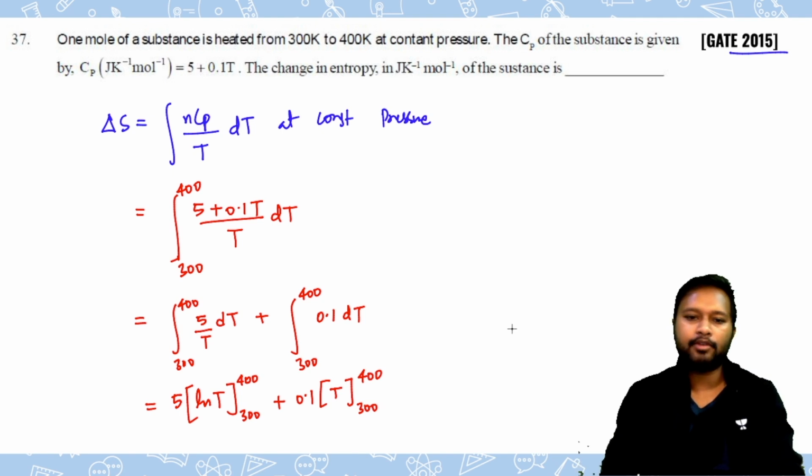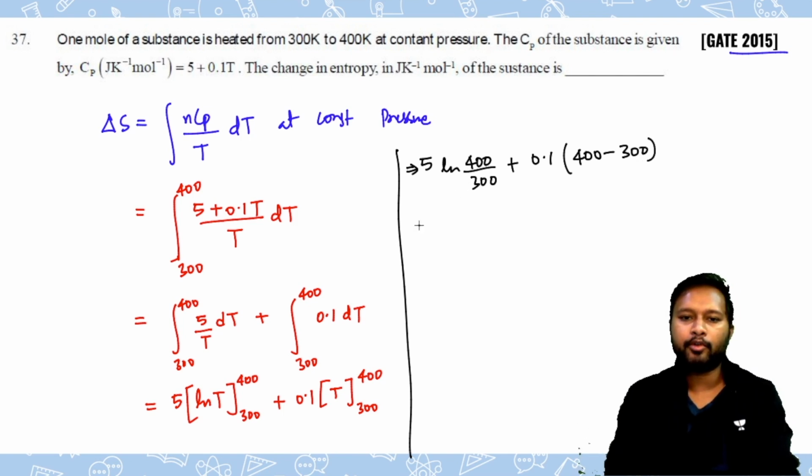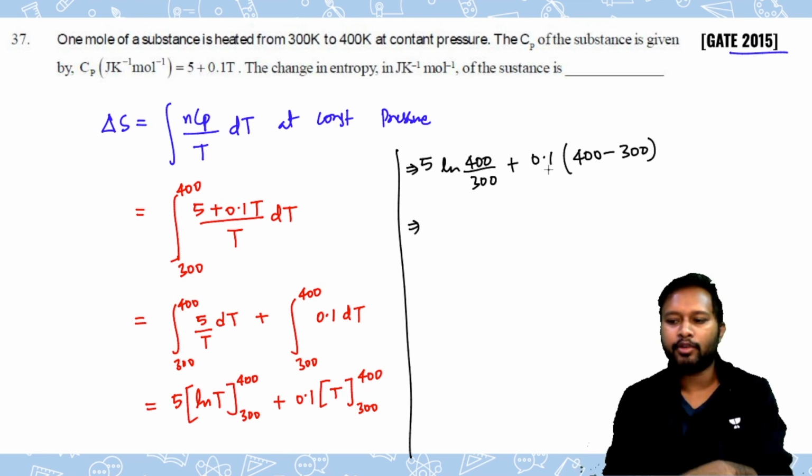Let's put the values now. So it will be 5 ln 400 divided by 300 plus 0.1 times 400 minus 300. 400 by 300, or ln 4 upon 3, is what you can write down. Again, use your calculator to find that value, and this one will be 100. 100 multiplied by 0.1 will give you 10.